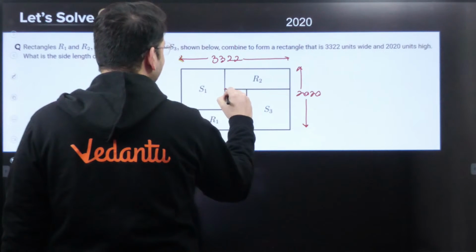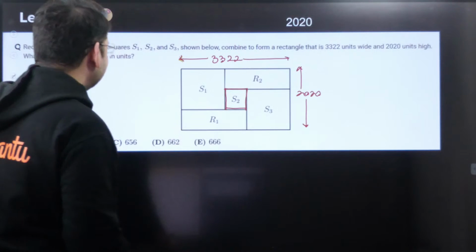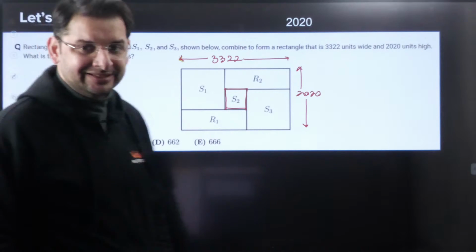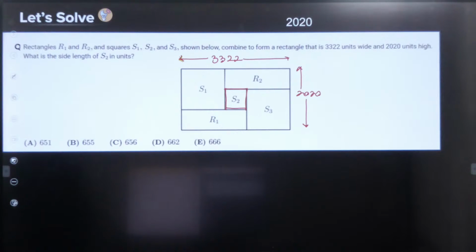We need to identify the side length of S2, which is a square. So how do we find this, guys?